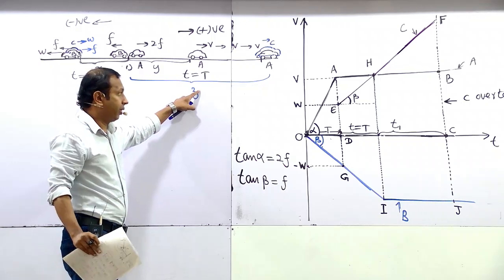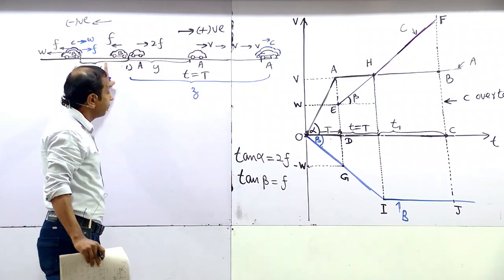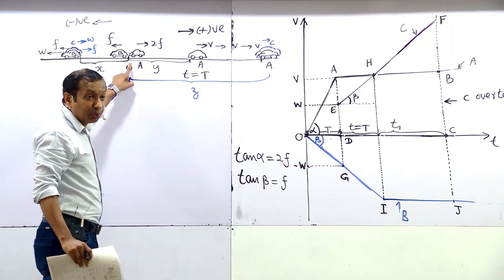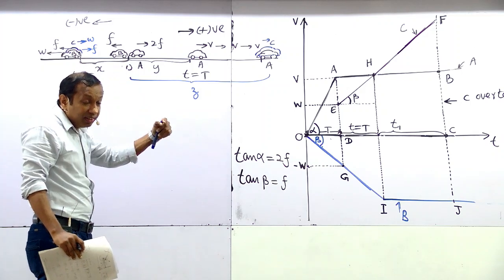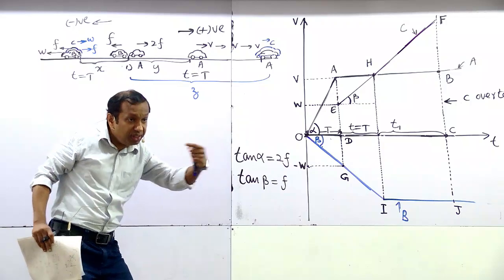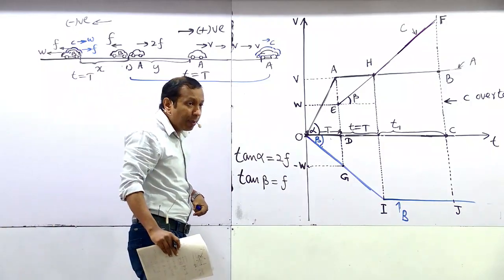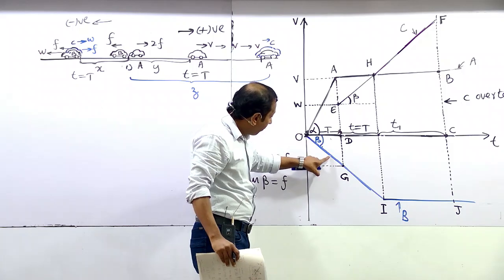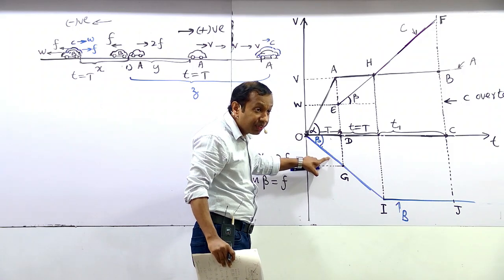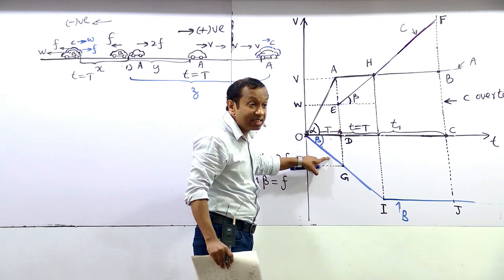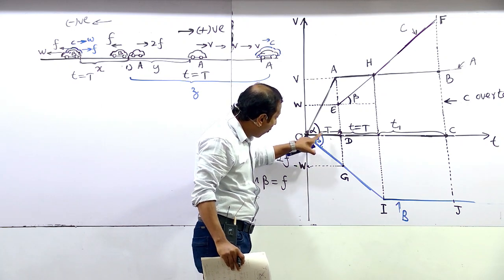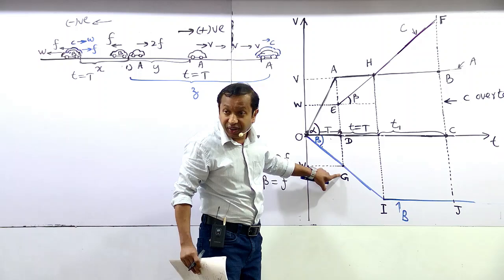Correct, no? Right. People, what is this X? During the time capital T, the distance moved by B to leftward. During the time capital T, here, B has moved a certain distance. It is given by what? ODG area. Am I correct?